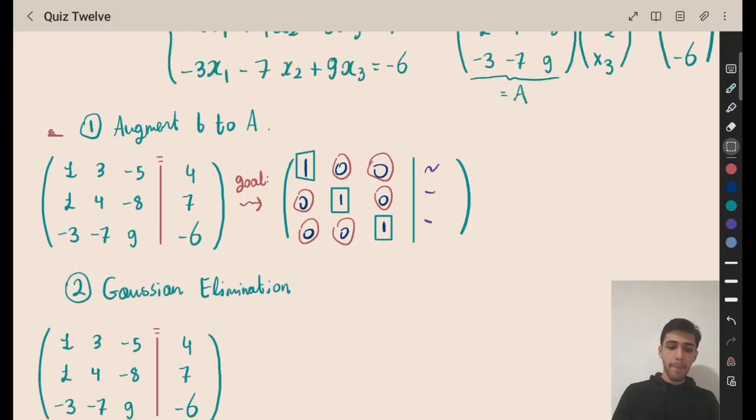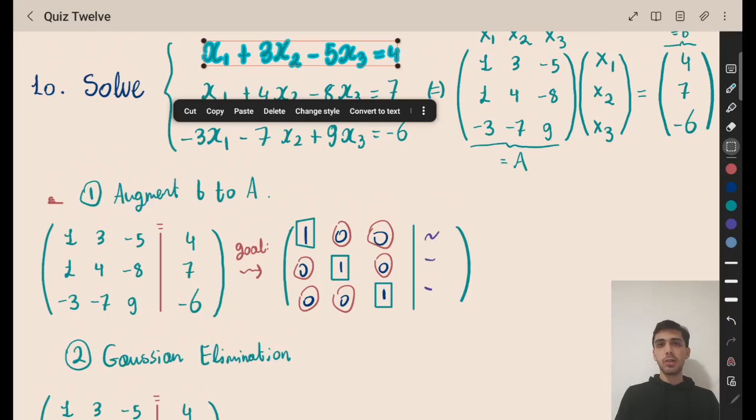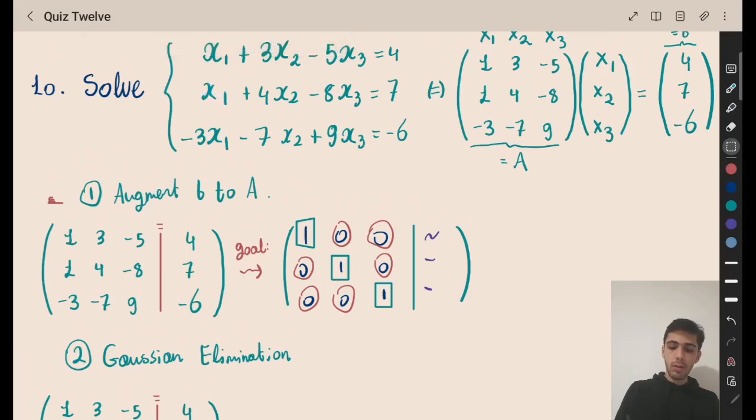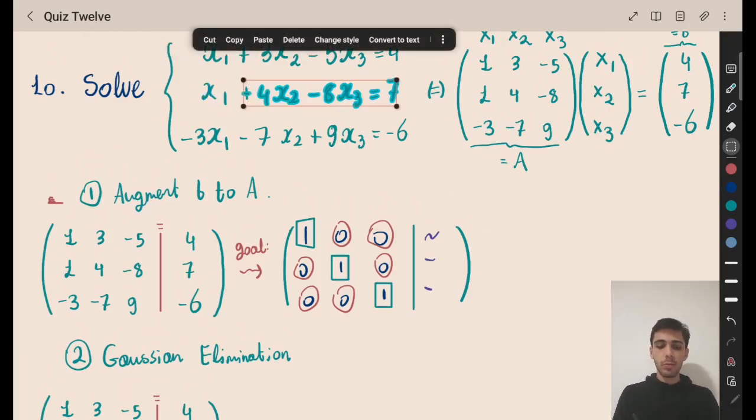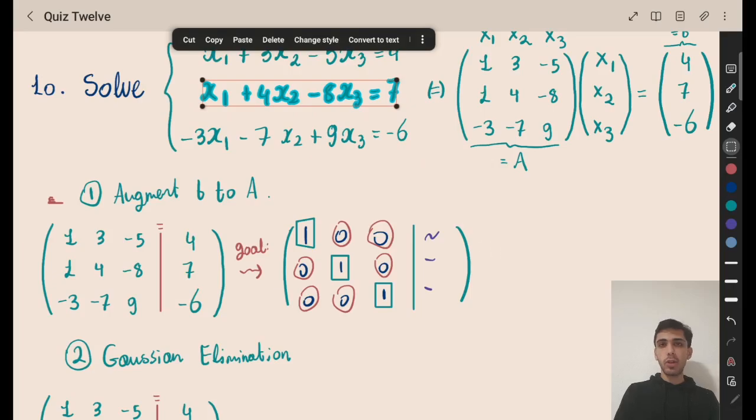For example, here I have x1, 3x2 minus 5x3 is equal to something. Here I have also x1, something, something, something. So what I can do is I can add the negative counterpart of this equation to that equation.